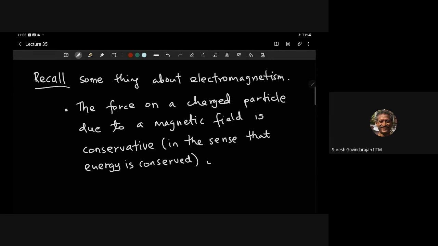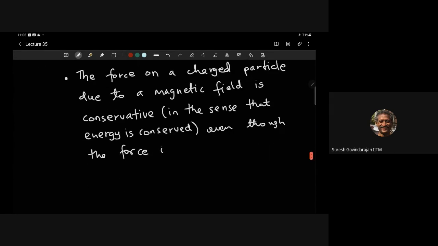in the sense that energy is conserved, even though the force is velocity dependent. We know other velocity dependent forces like friction, but they are not conservative. Right, so we have this force, right?